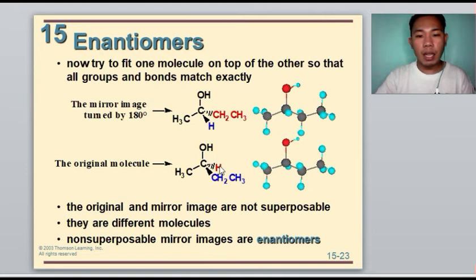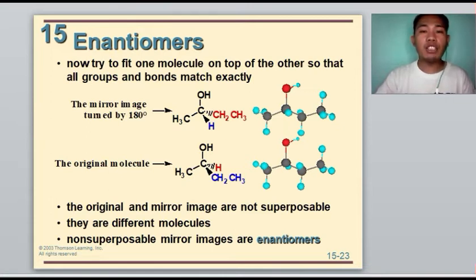As we can see, the H is away from us in the original but toward us in the mirror image.